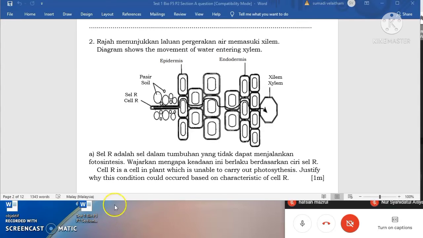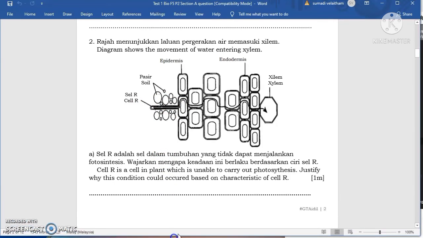Okay, try to read this question. It shows the movement of water through the xylem. Okay, cell R. Cell R is the root hair cell, right? Why is this root hair cell unable to carry out photosynthesis? Why?